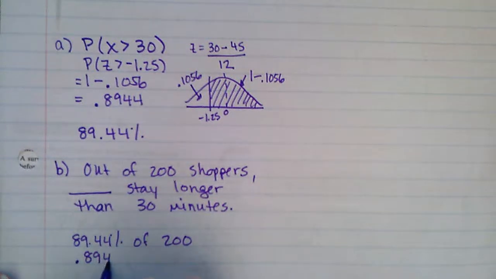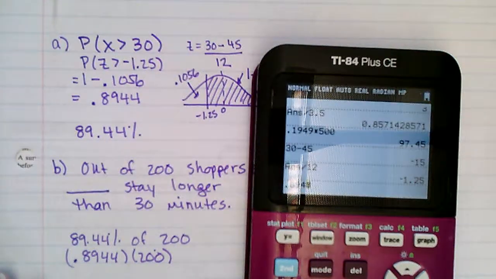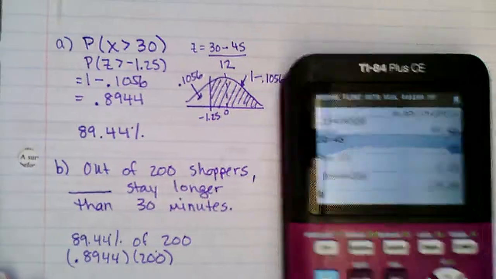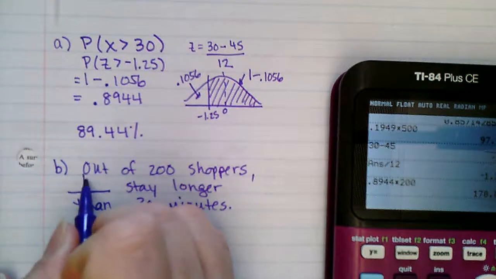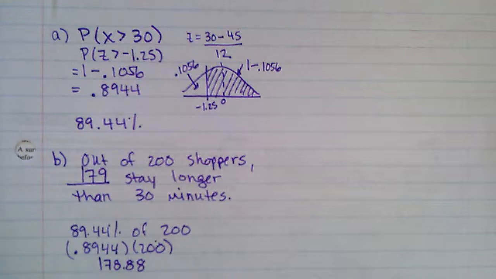So 0.8944 times 200, which would be 178.88. So I'll go with 179 stay longer than 30 minutes.